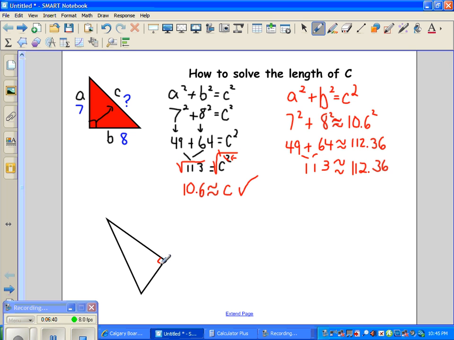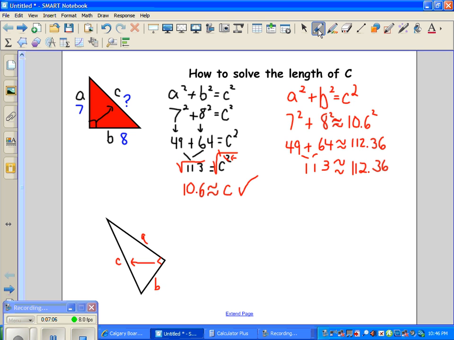So there it is, right there. That automatically helps me find side C because it's across from the right angle. And then it doesn't matter if I call this one A and this one B, or vice versa. So let's call this guy A this time, and let's call this one B.